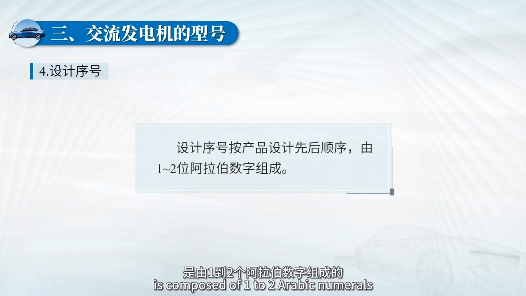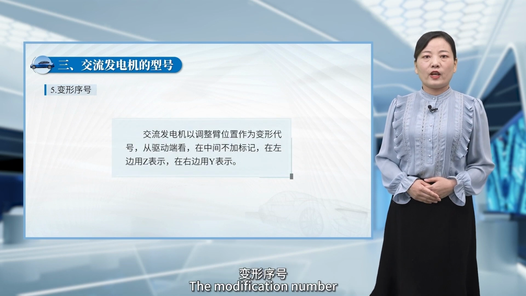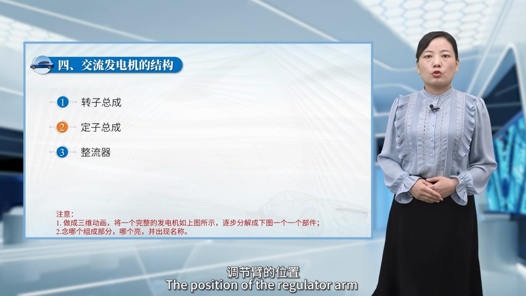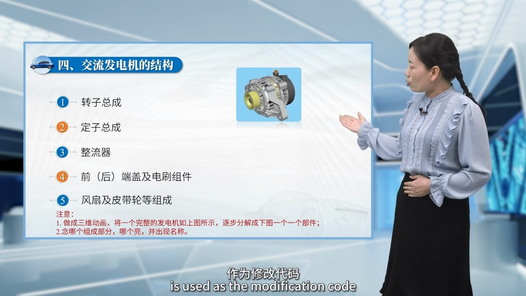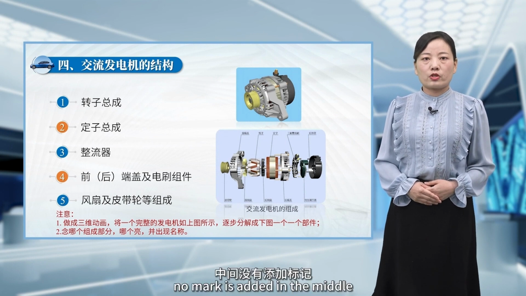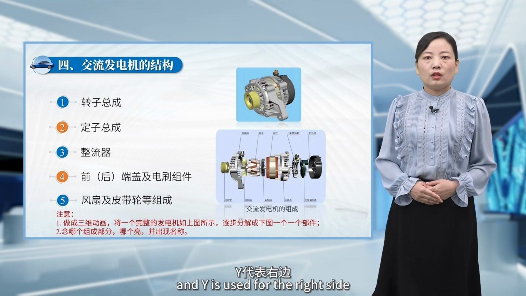The design number is composed of 1 to 2 Arabic numerals, indicating the order of product design. The modification number: the position of the regulator arm is used as the modification code. On the drive end, no mark is added in the middle. Z is used for the left side, and Y is used for the right side.